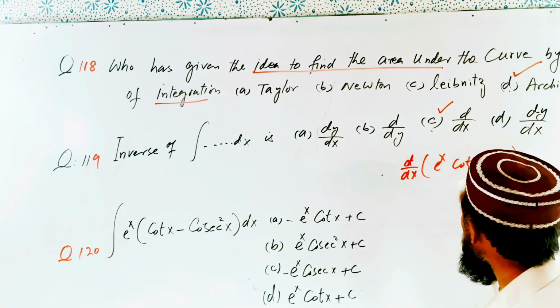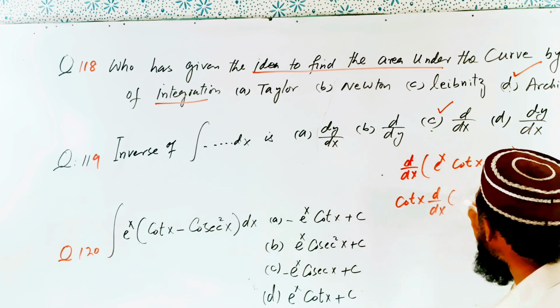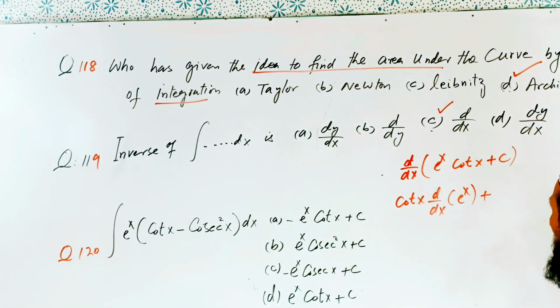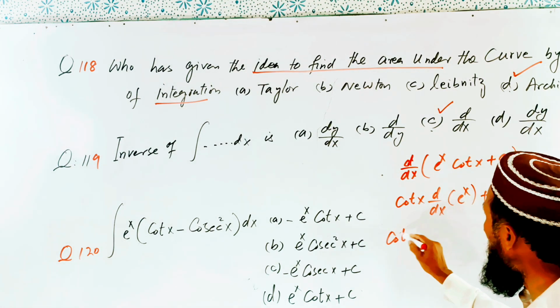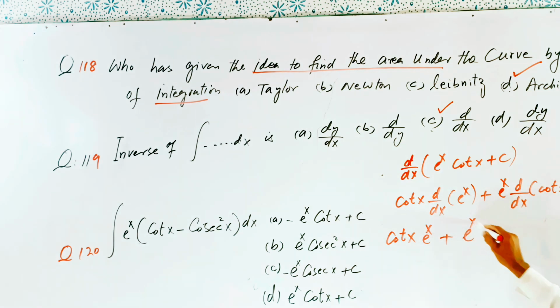If we find the derivative of this function, we use the product rule. First I take the derivative of e^x times cotangent x: derivative of e^x times cotangent x, plus e^x times the derivative of cotangent x, and the derivative of the constant is 0 because we are differentiating with respect to x. So we get cotangent x e^x plus e^x times minus cosecant square x. Taking e^x common, we get cotangent x minus cosecant square x.